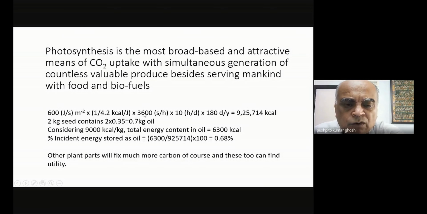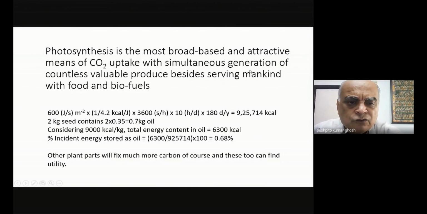And now suppose I've got a plant, let's say one of the plants which has been considered a lot for biofuel, Jatropha. It's a plant which typically would cover maybe a width of about 1.5 meters, but I've taken about 1 meter, roughly.